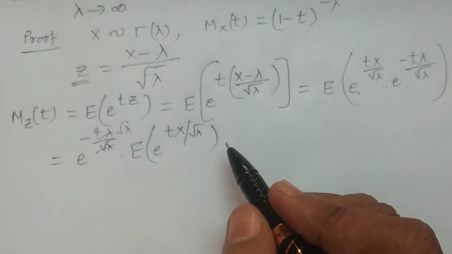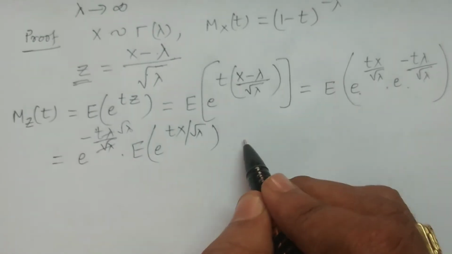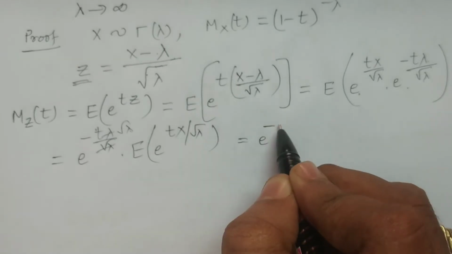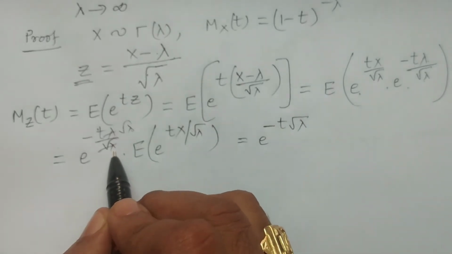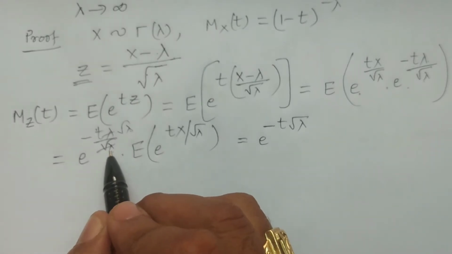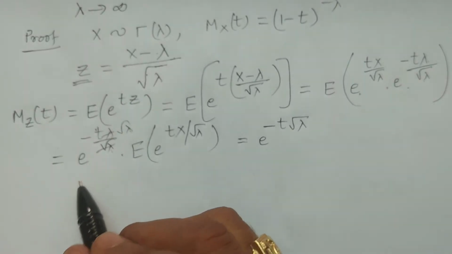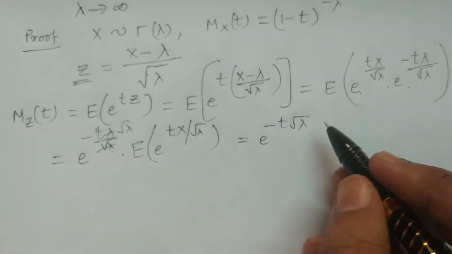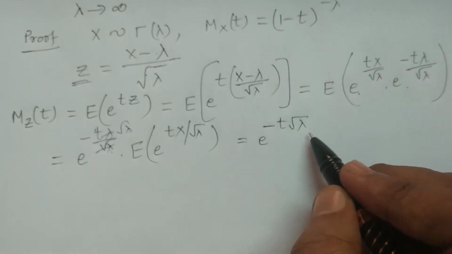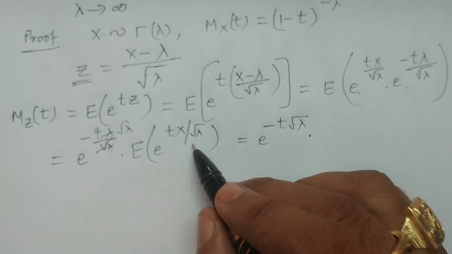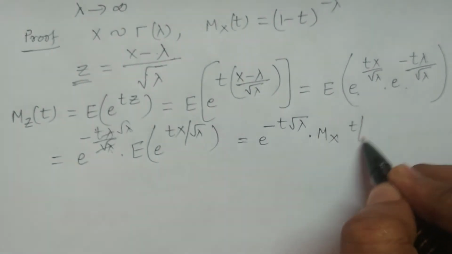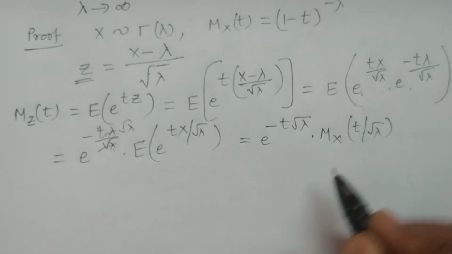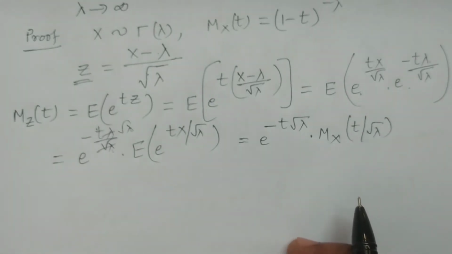Therefore it is e^(-t root lambda) multiplied by M_X(t/root lambda), that is, M_cX(t) = M_X(ct) in that form.